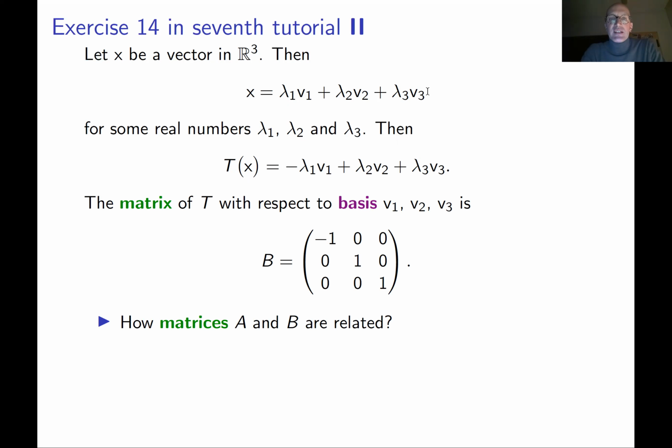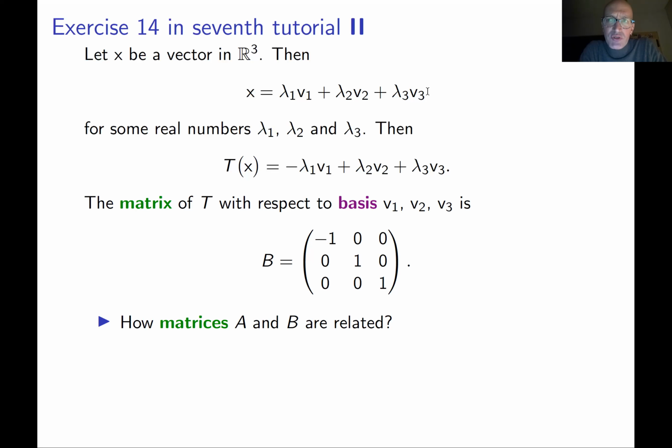As I already mentioned, the standard matrix of T is complicated, but the matrix of T with respect to basis v1, v2, and v3 is extremely simple. It's just diagonal with entries -1, 1, 1 on the diagonal.